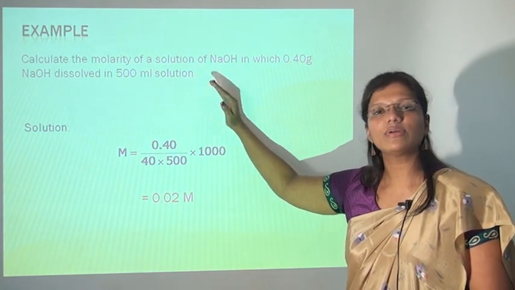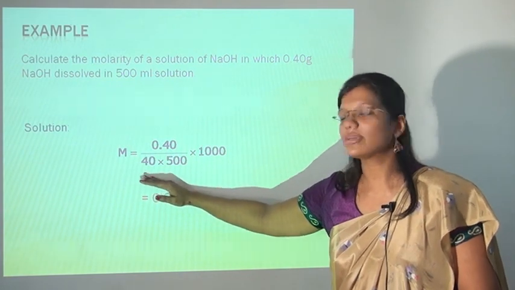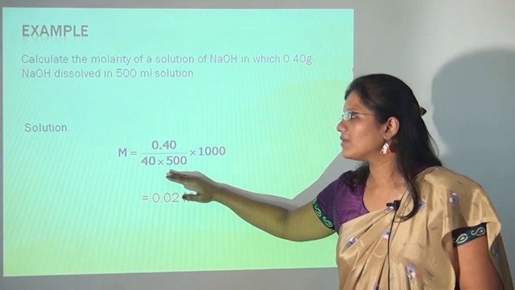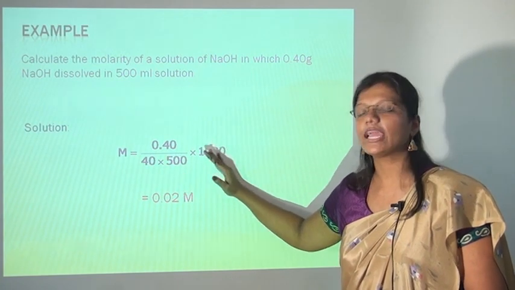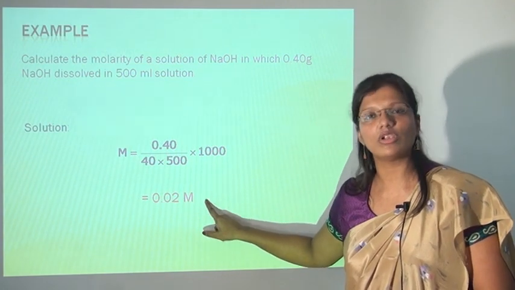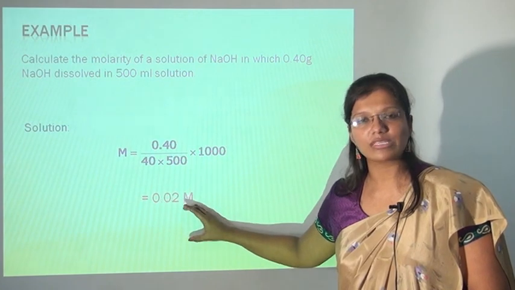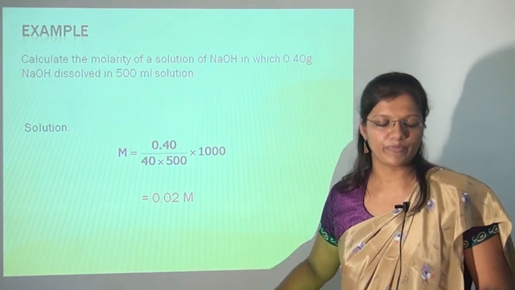Putting the values in the molarity formula, capital M is equal to 0.40 divided by 40 into 500 into 1000, and you get 0.02 molar. You have to represent molarity in molar only.